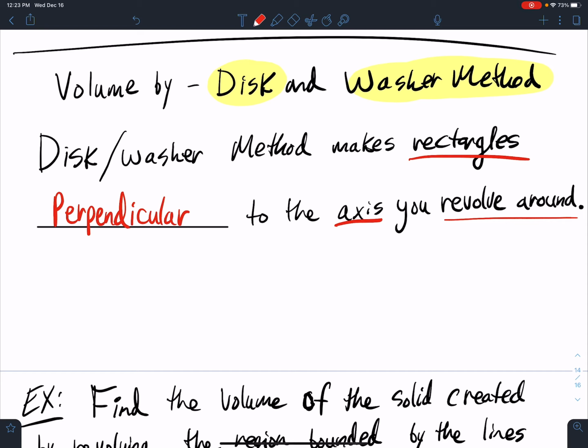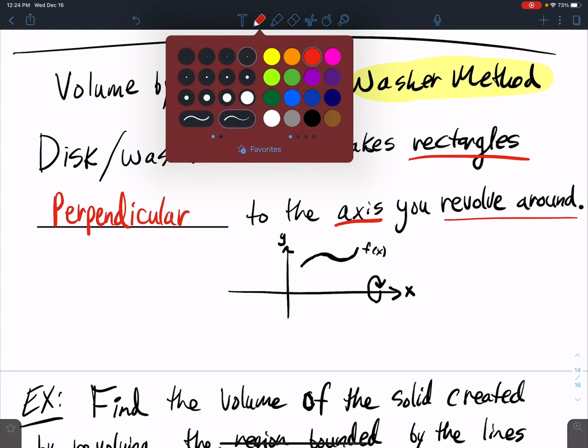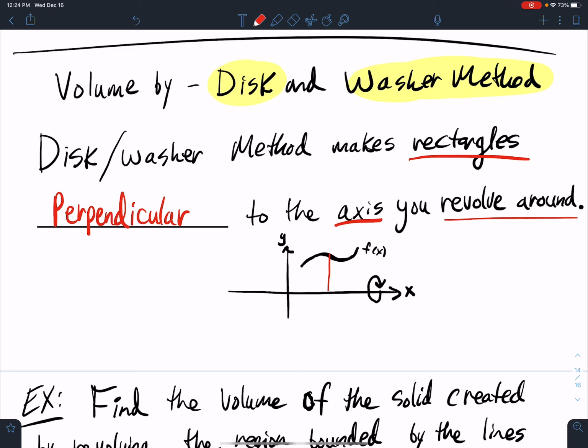Okay? So say you've got some problem and you're given some curve. Some f of x curve, and I want to revolve around the x-axis. Then rectangles that are perpendicular to the x-axis look like this, and so they are dx cuts.